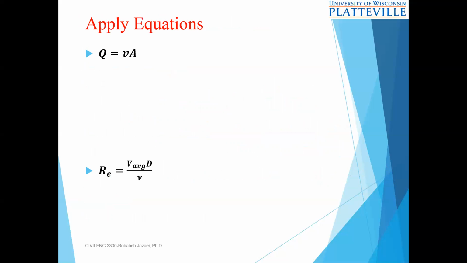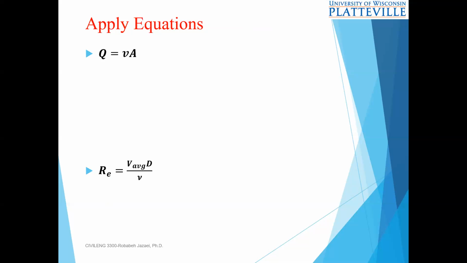So from this equation, I can find velocity. And once we have Reynolds number, and I have the roughness, I can find the friction factor either from Moody's diagram or from the Haaland equation. So first of all, let's find the velocity.